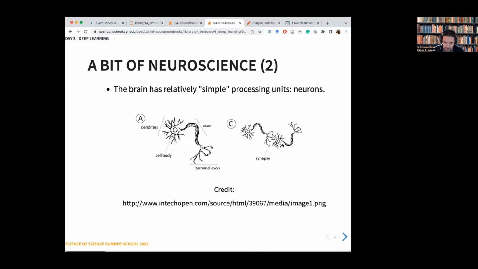Inside the body, some sort of threshold is crossed, and then there is an action potential, a signal that gets triggered because of the information it is receiving.